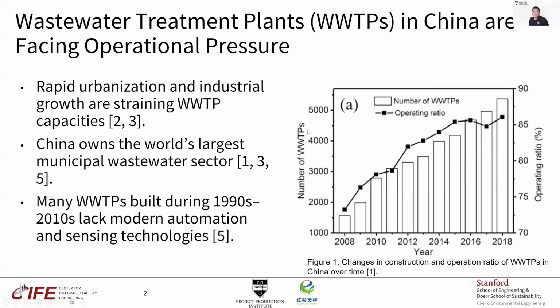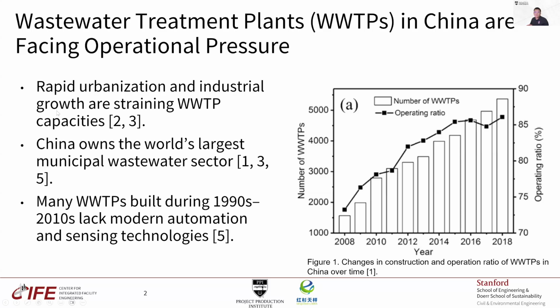Let's begin with why we're looking at wastewater treatment plants in China. As you may know, China operates the world's largest municipal wastewater treatment sector, and this sector currently is under immense operations strain. The rapid urbanization and industrial growth in China are overwhelming these older plants, many of which were built between the 1990s and 2010s without advanced automation or sensing technology helping with the operations.